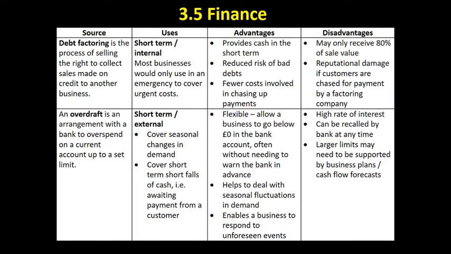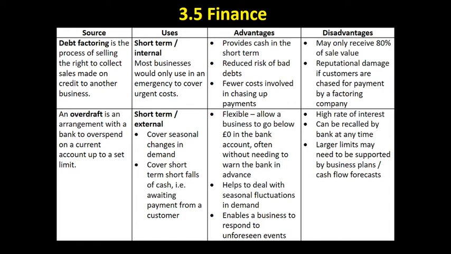What debt factoring is, a debt factoring company is one that buys debt from you and will chase it up. So, for example, if you have a customer who you've sold something to on credit, they've given you an IOU. They said, yeah, I'm going to pay for this, but I'm going to pay for it in 30, 60 or 90 days. And you decide that you need that money before.